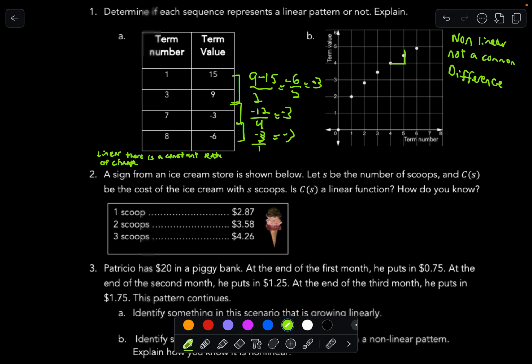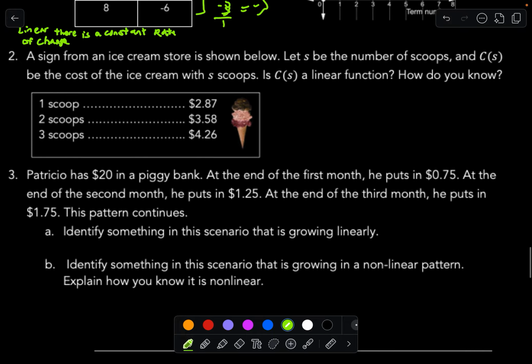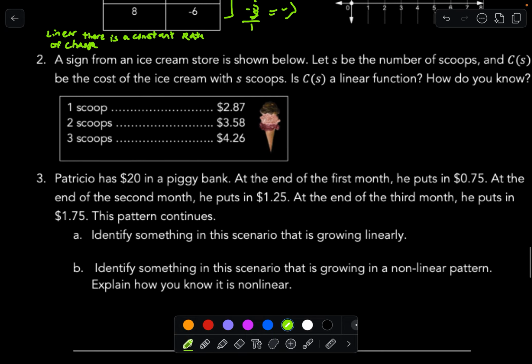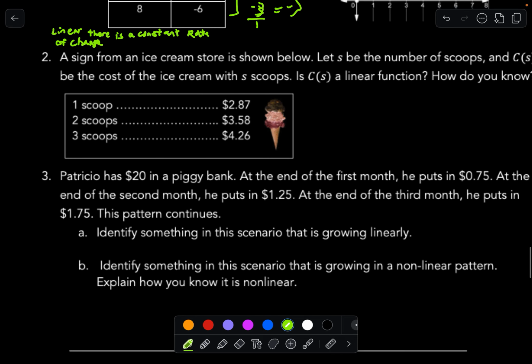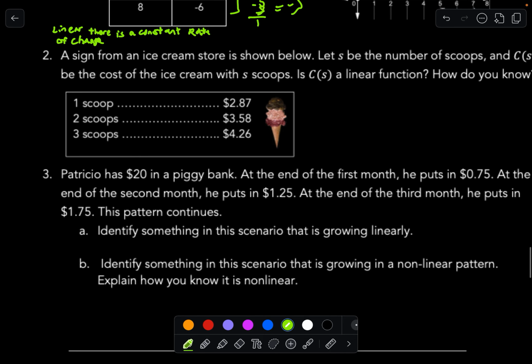All right. For number 2, it's talking about scoops of ice cream. It says, let S be the number of scoops and C of S be the cost of the ice cream with S scoops. Is C of S a linear function? How do you know? All right, so what we're going to do is look at the rate of change.